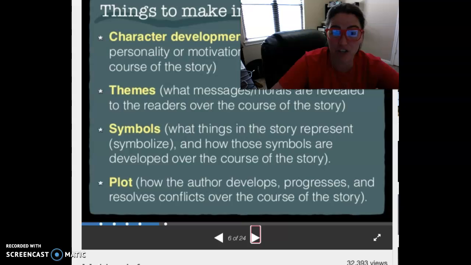The inference chart that we've used before is a great way to do that. If you can get into the habit of making observations and pairing them with your reasoning, your schema, and then making an inference, that's how you can rest assured that you're adding your logic, your reasoning, your evidence, and making a proper inference.